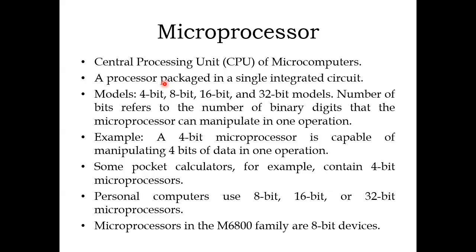So if it is a 4-bit microprocessor, that means it can only handle an addition of 2 4-bit numbers, which is really very small, right? And if it is a 64-bit machine, it can handle a 64-bit addition at once. But if you have a number which is bigger than that, it can still do it, but it needs multiple steps to do it, okay?